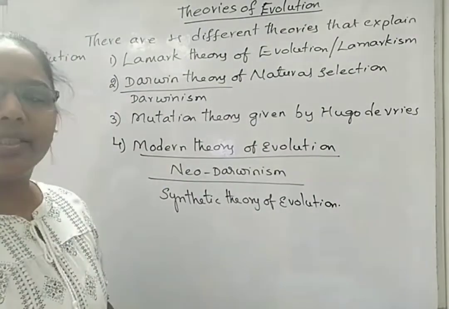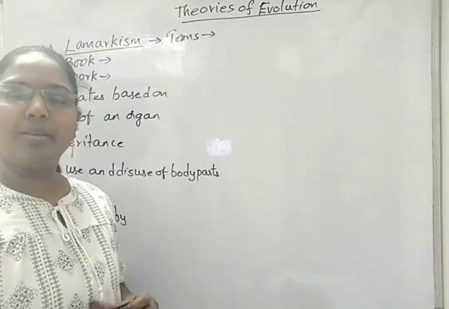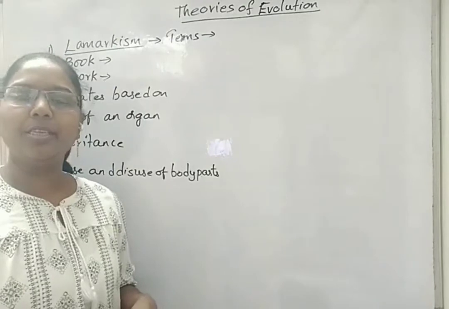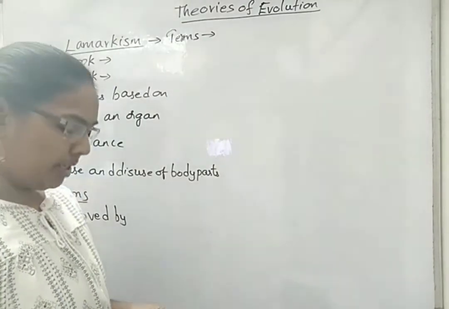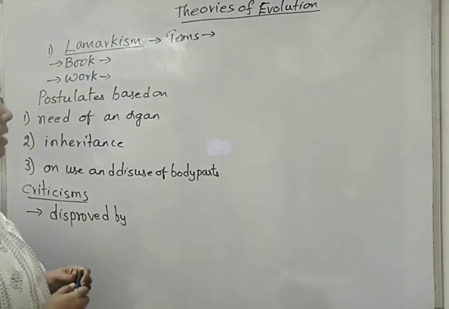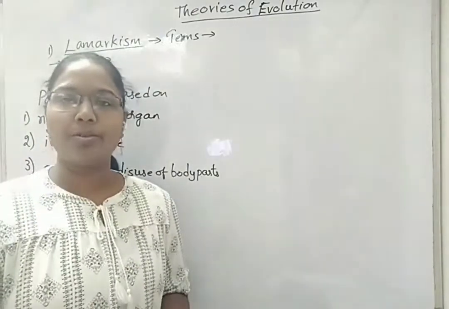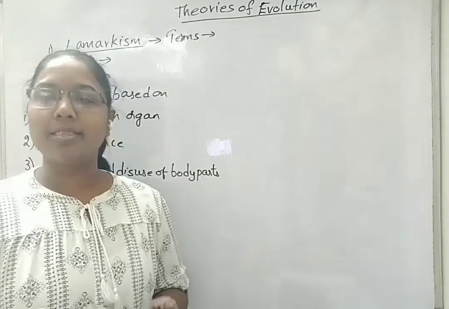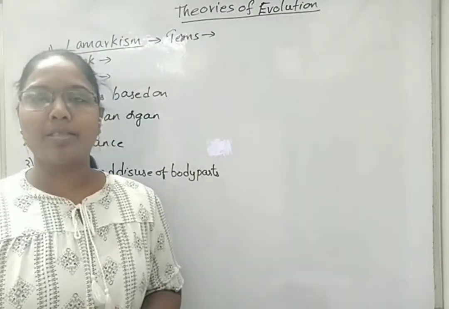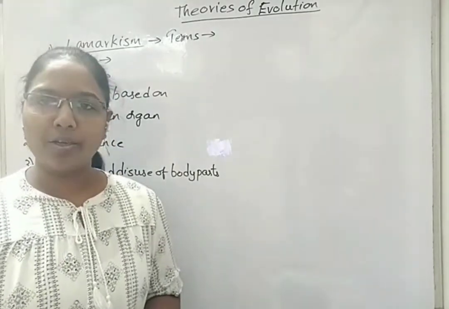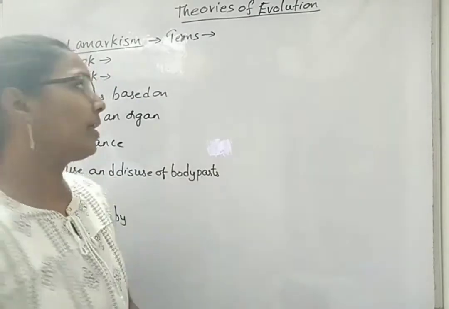Now we will start with Lamarckism. First theory of evolution is Lamarckism. Lamarckism theory is given by Lamarck. This theory is based on the physical changes that happened in the body parts or the organs of the organism during its lifetime.